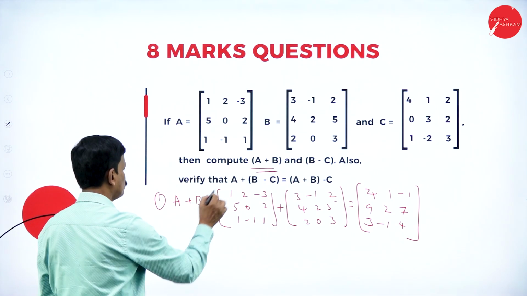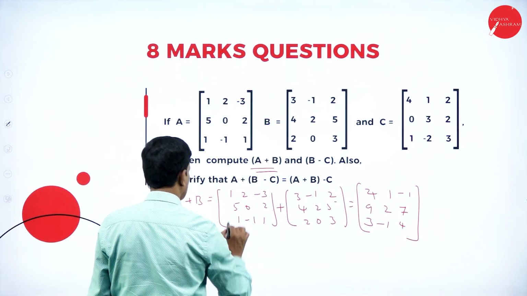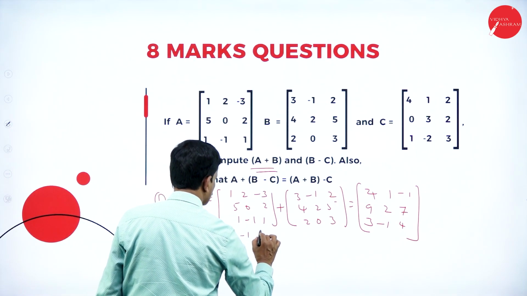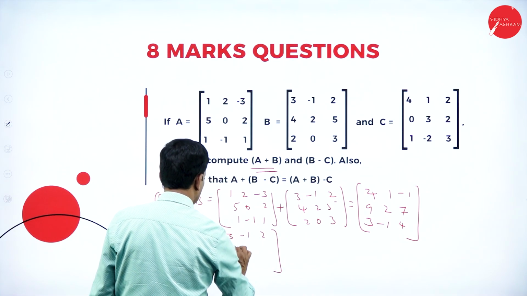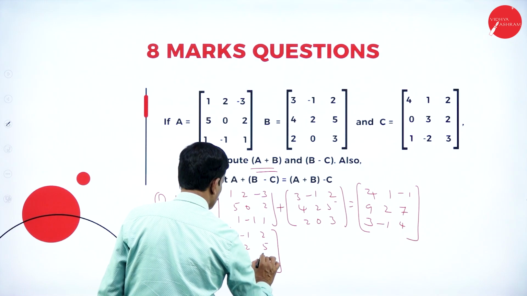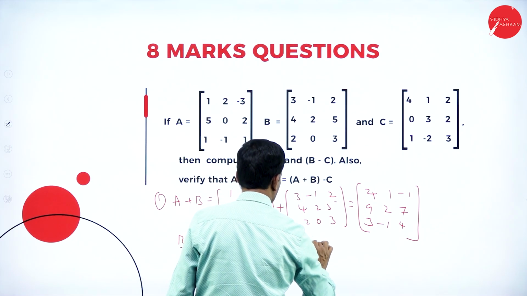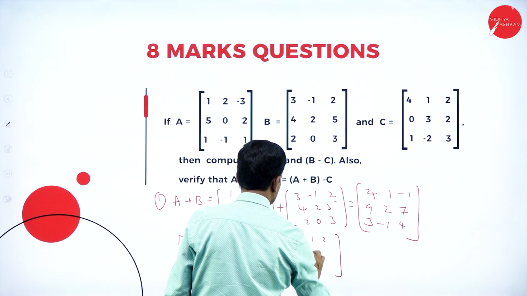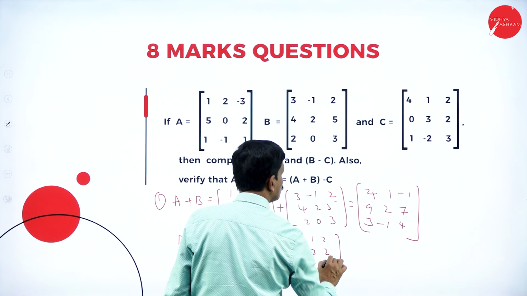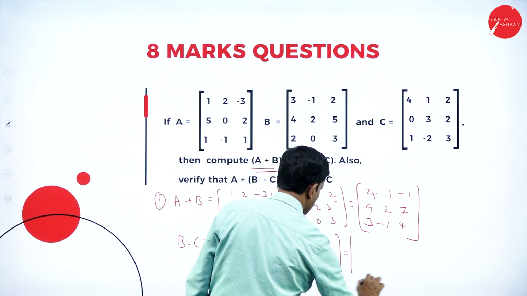Now, second part, B minus C. Similarly, B minus C. What is B? B, 3, minus 1, 2, then 4, 2, 5, 2, 0, 3, minus C, 4, 1, 2, 0, 3, 2, 1, minus 2 and plus 3. Subtract this.